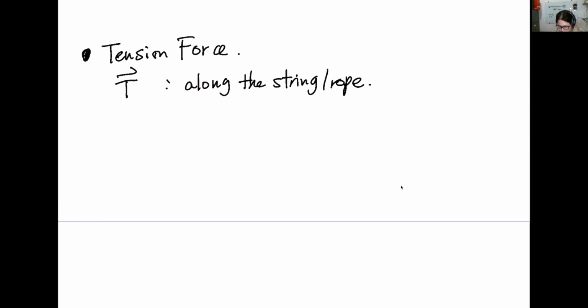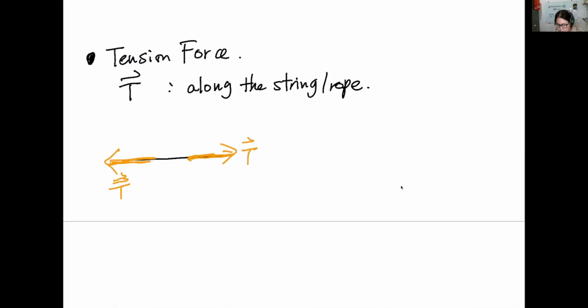You could have a rope like this, and there's going to be a tension force in the rope. We'll talk a little more about tension force once we do Newton's third law.